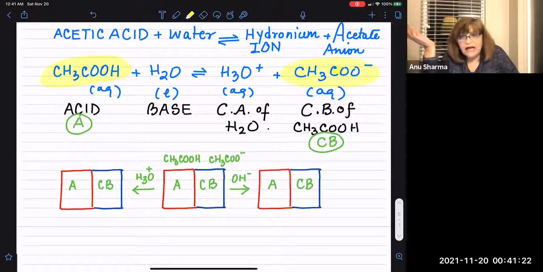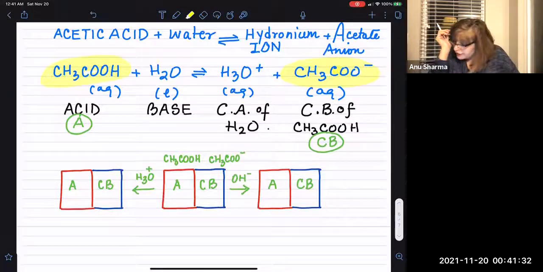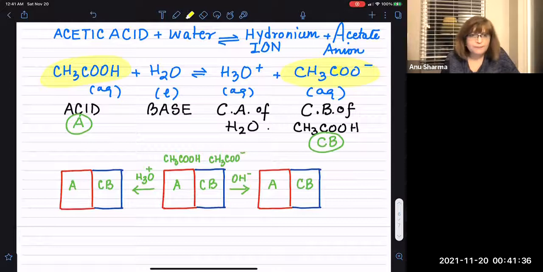There's something we did not study in this chapter, which was the salts, so I was not comfortable going into much detail about the buffers. But think about it: sodium acetate is a salt of acetic acid. Leaving the sodium aside, the acetate anion is the conjugate base of acetic acid.